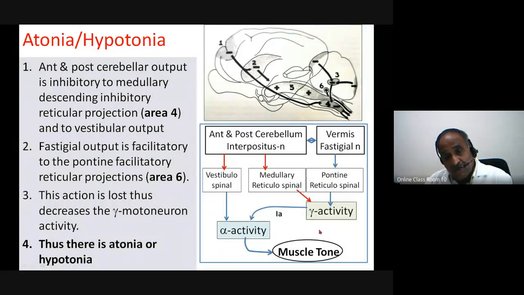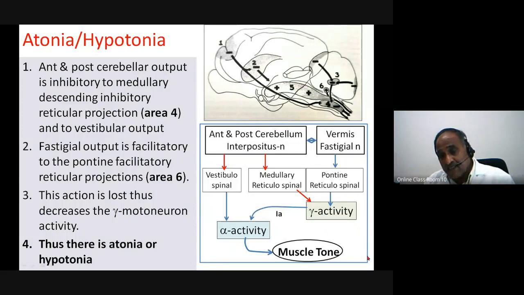This gamma motor neuron activity in turn stretches the muscle spindle and increases the nerve activity arising from that. That is group 1A. And group 1A makes a synaptic contact with the alpha motor neurons, and these alpha motor neurons remain in a partial state. The muscle tone is a partial state of contraction of a skeletal muscle.